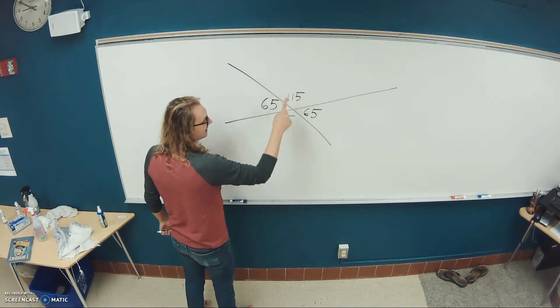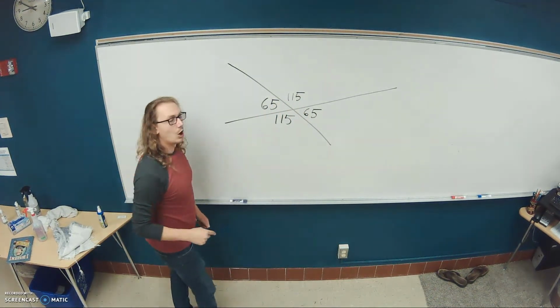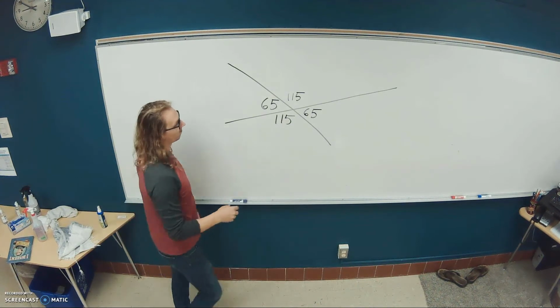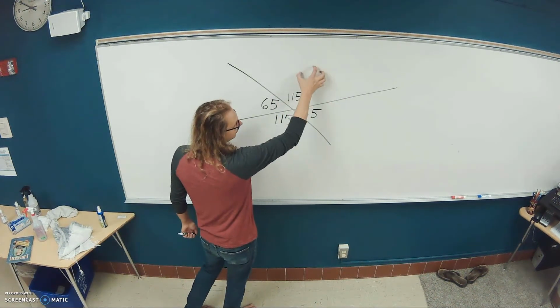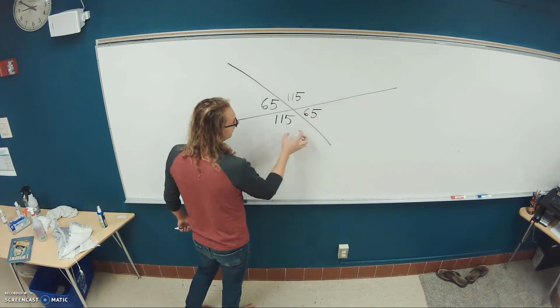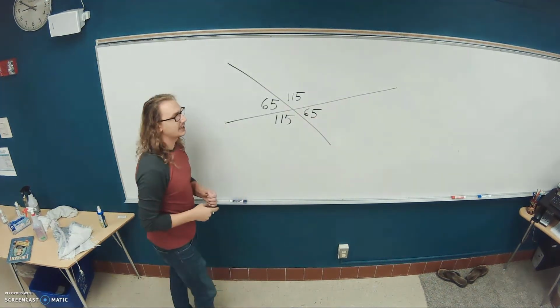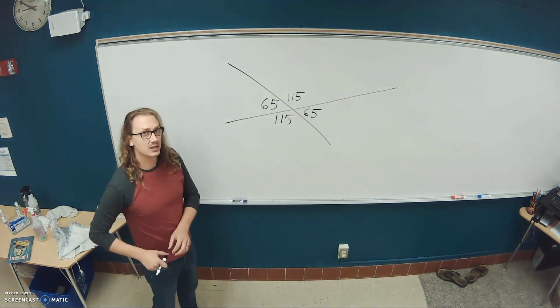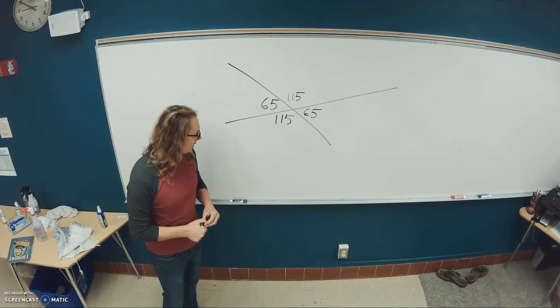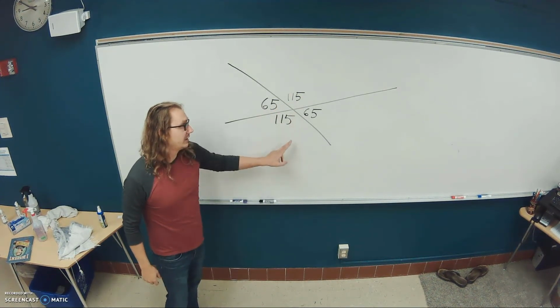Opposite sides of these intersections are always going to be congruent, and the pairs here, or here and here, will always add up to be 180 and are supplementary. Okay? Vertical angles especially, though.